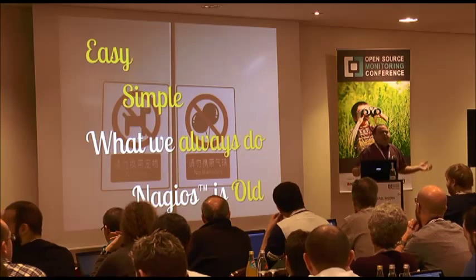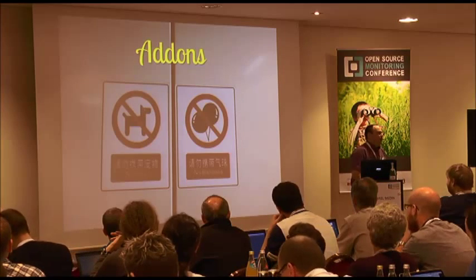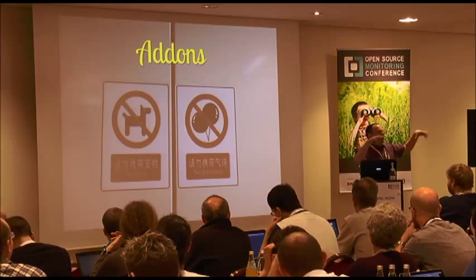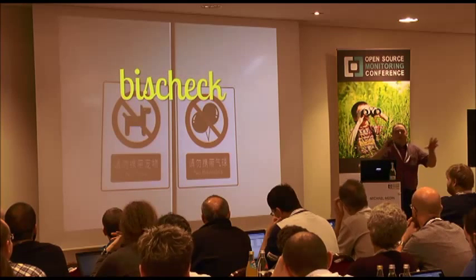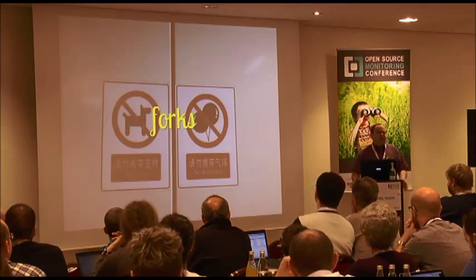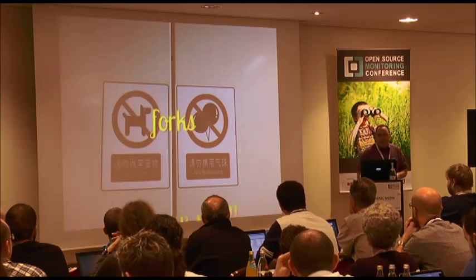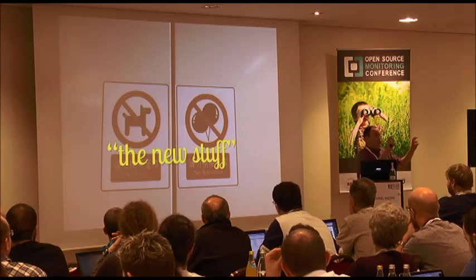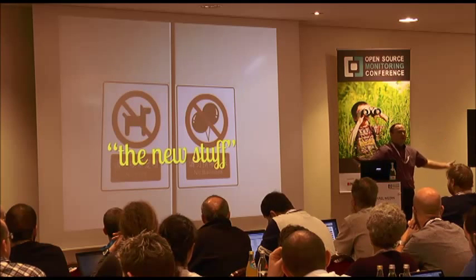And of course, there are a lot of add-ons for Nagios that can do this. We can plug in all sorts of cool stuff and maybe get something that does this. One of them that does a lot of cool stuff like this is BizCheck. There's a whole bunch of Nagios forks that pretend to do all this new stuff. And then there's all these weird new solutions that are just magic boxes which you connect through.